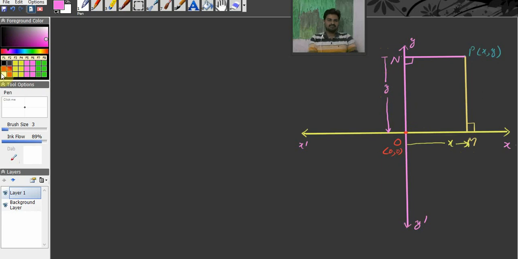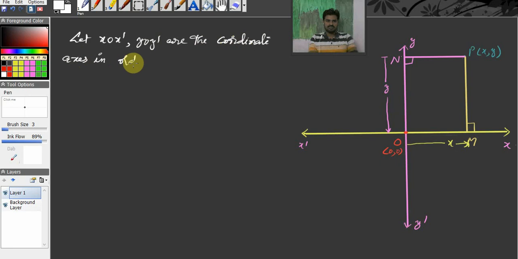Let us write here. Let XOX dash comma YOY dash be the coordinate axes in the world system. That means it can be considered as the world system, where 0, 0 is the origin.